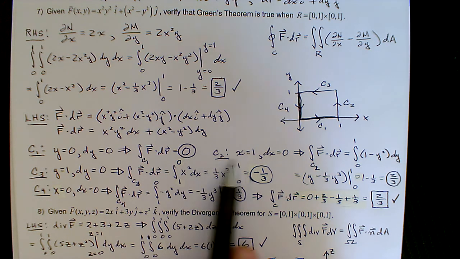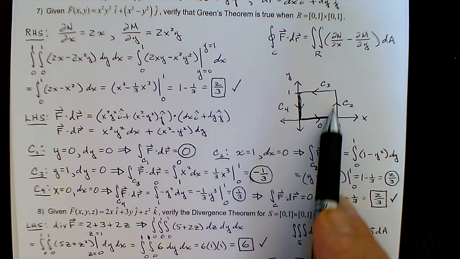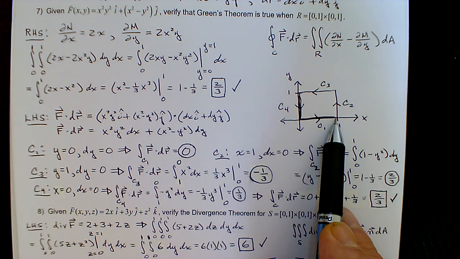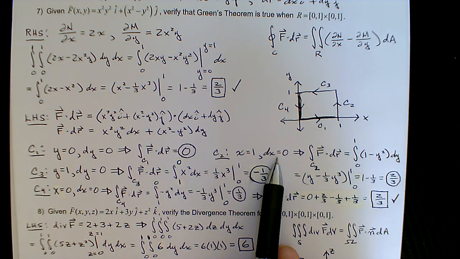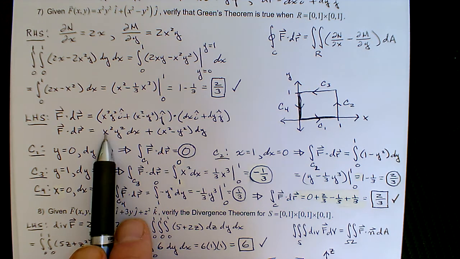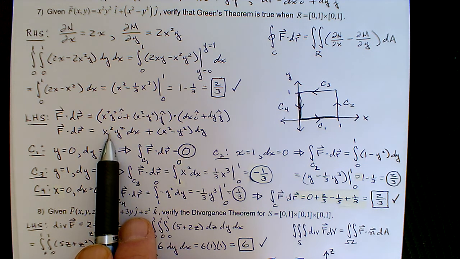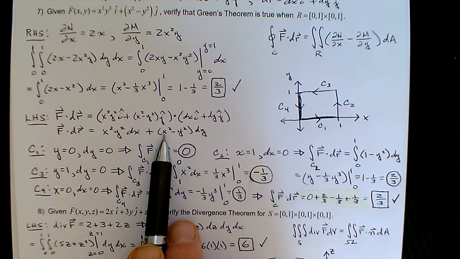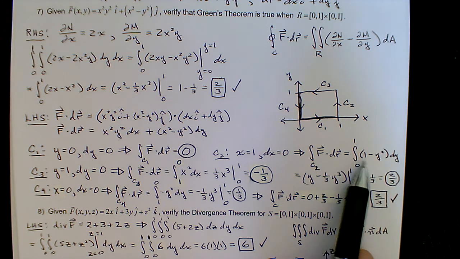Notice for C2, x was 1, dx was 0, because along this line segment, x is always 1. dx is not changing, it's dy that's changing as we move out. So dx was 0, and then plugging into this formula, because dx is 0, that term's gone. But then x was 1, so we got 1 minus y squared, times the differential dy, so that was our integral.